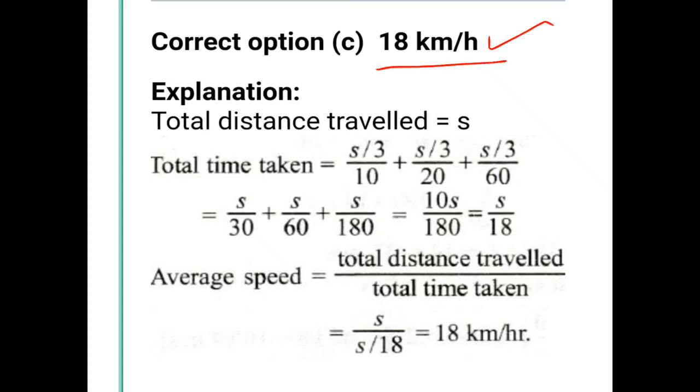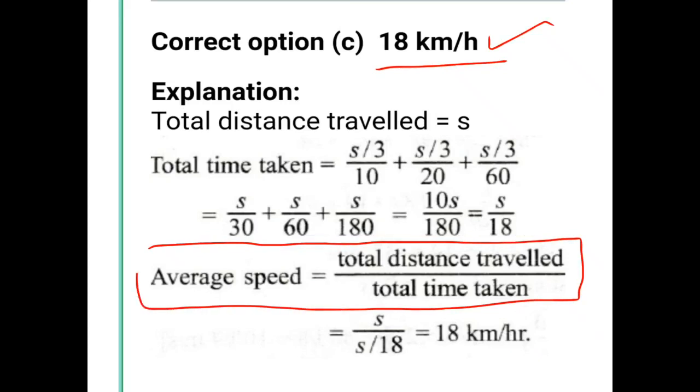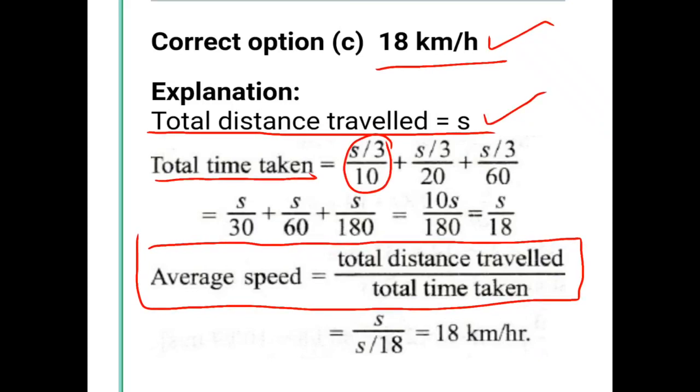You know, average speed is given by the formula total distance traveled by total time taken. We don't know the total distance traveled, so let me assume the total distance traveled is equal to S. What is total time taken? You know, speed is equal to distance by time, so time is equal to distance by speed. So S by 3 is distance, 10 is speed.